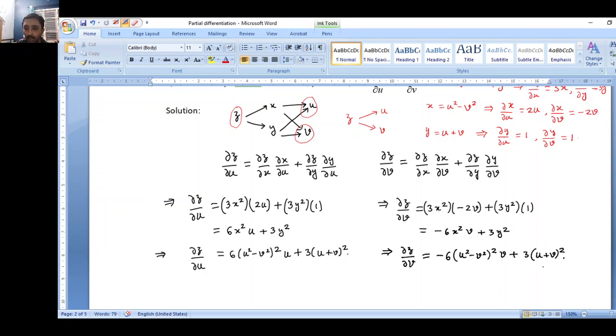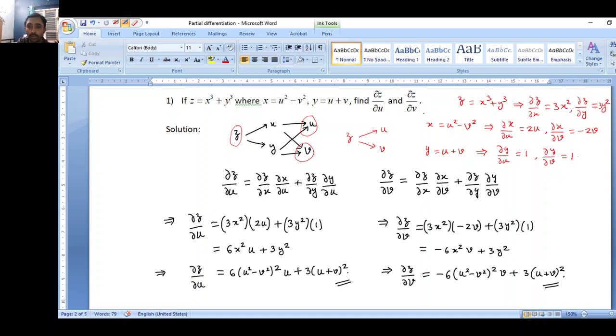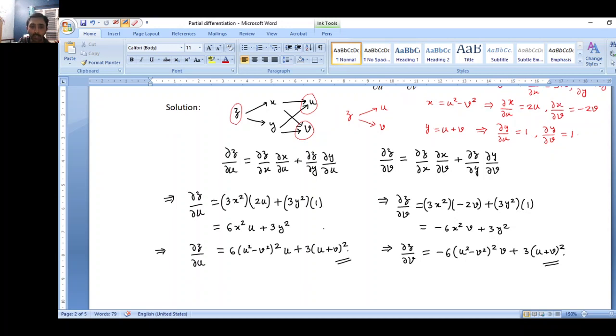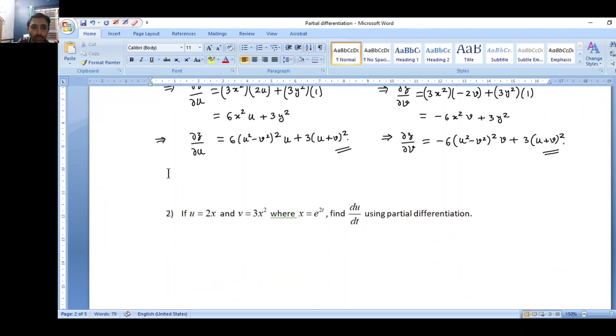As always, you can simplify this further, or you can leave this as it is. So these are the expressions for ∂z/∂u and ∂z/∂v. So that answers the given question. Okay, so this is exactly how you will have to use the chain rule. Now we'll take up another problem, a similar problem here, and we will answer that question also.